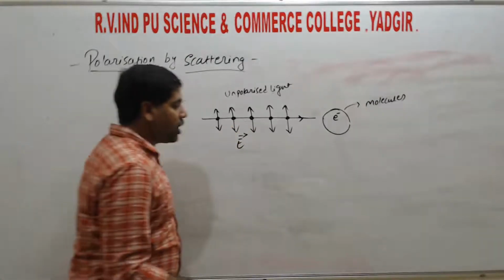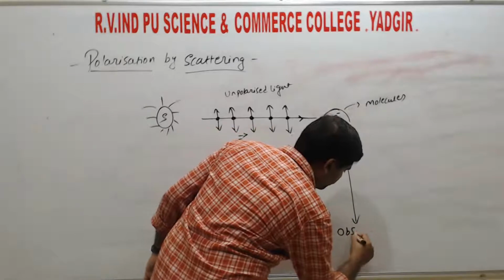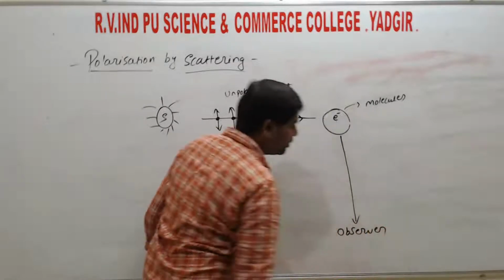Now consider the observer is 90 degrees to the sun. So here is the observer.